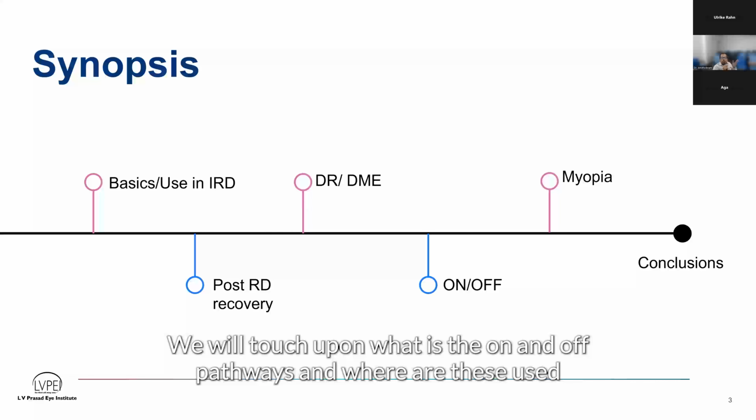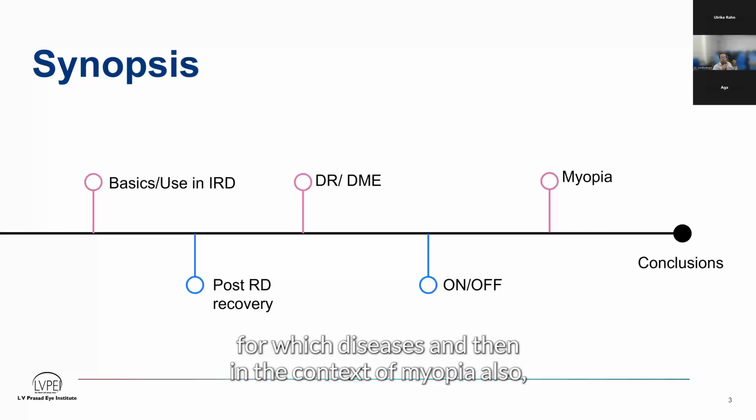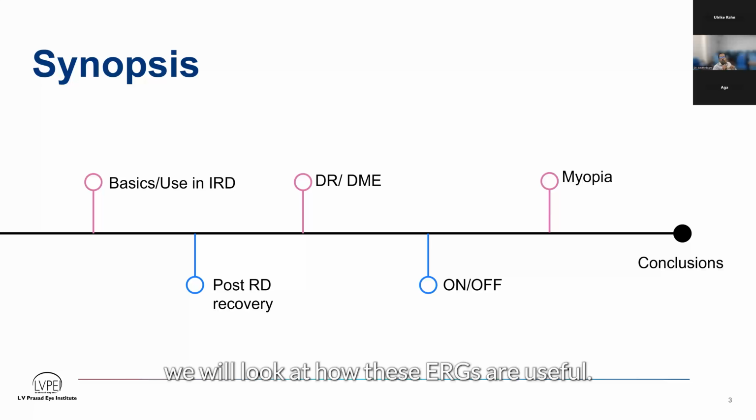We'll touch upon what the on and off pathways are and which diseases they are used for, and then in the context of myopia also we will look at how these ERGs are useful. So with that background, moving on.